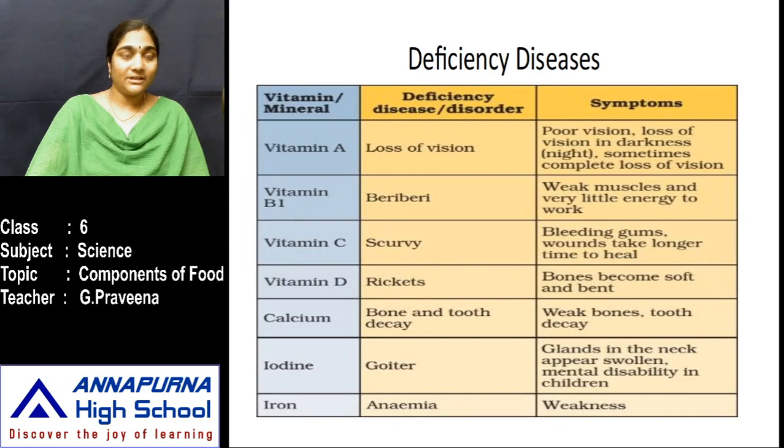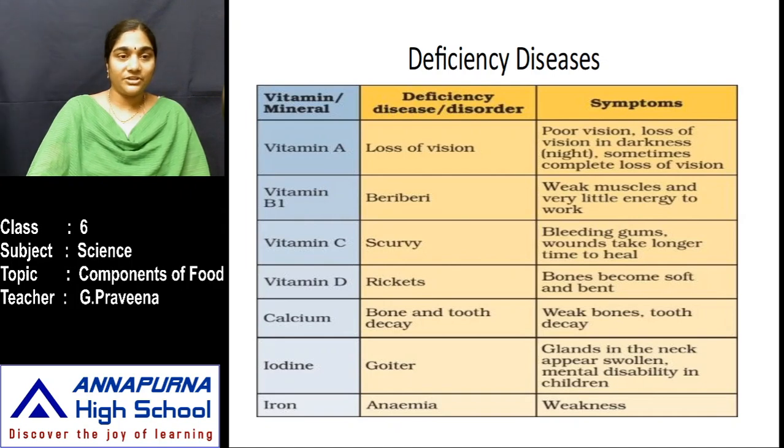If the diet doesn't include a larger amount of vitamin B1, that person will be affected with beriberi. The symptoms seen are weak muscles and very little energy to work. And if a diet is deficient in vitamin C, the disorder seen is known as scurvy. The symptoms seen are bleeding gums and wounds that take longer to heal.